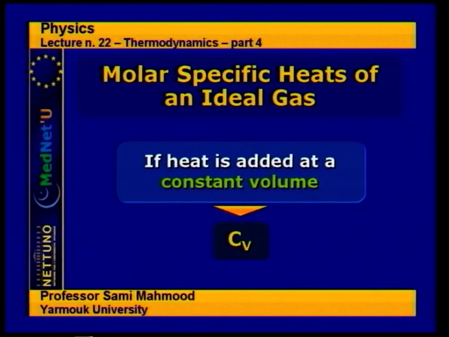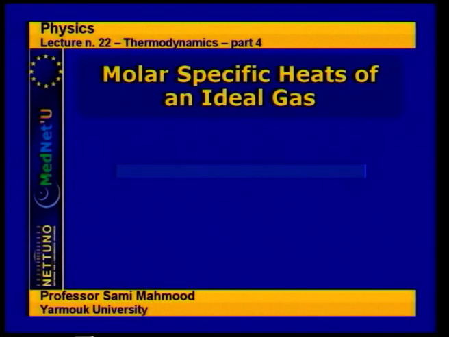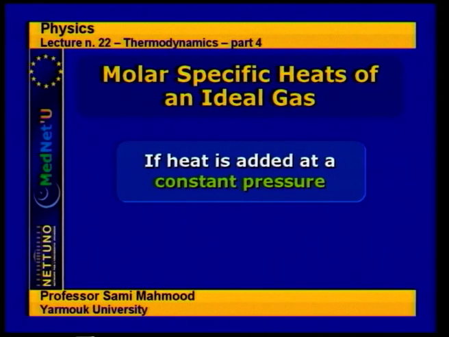If the heat is added to the system at constant volume, then we will have the molar specific heat at constant volume, C sub V. And if we add heat to the system at constant pressure, while the system maintains its pressure, then the specific heat involved in this process is the so-called C sub P, the molar specific heat at constant pressure. And we know how to carry out these two processes.